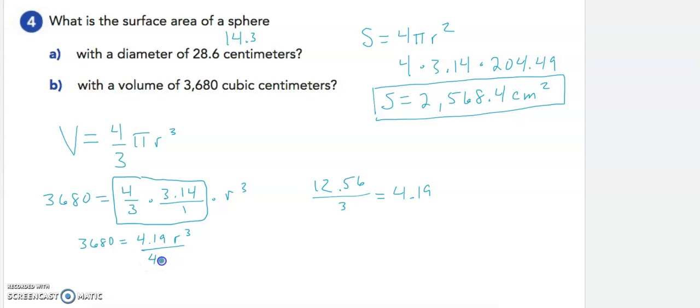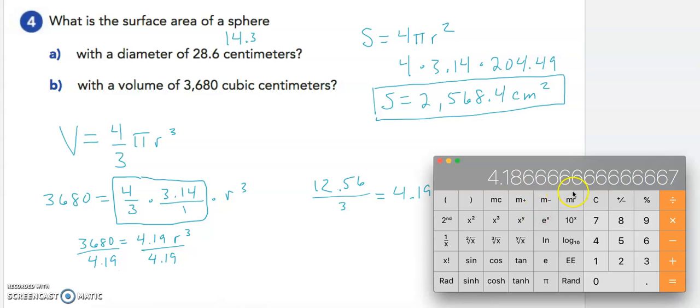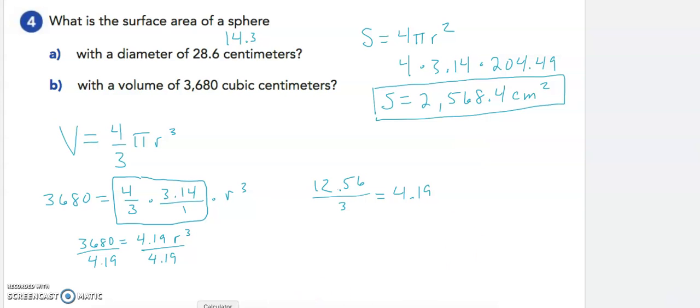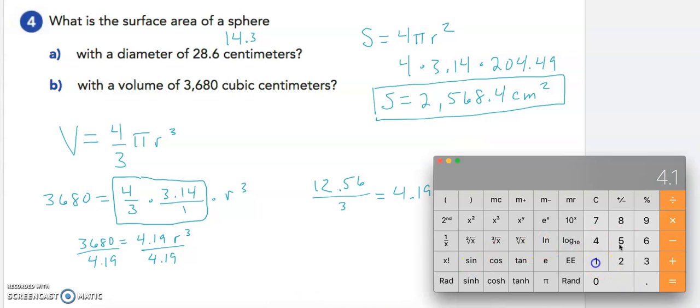So let's divide both sides by 4.19. 3,680 divided by 4.19 equals 878.3.